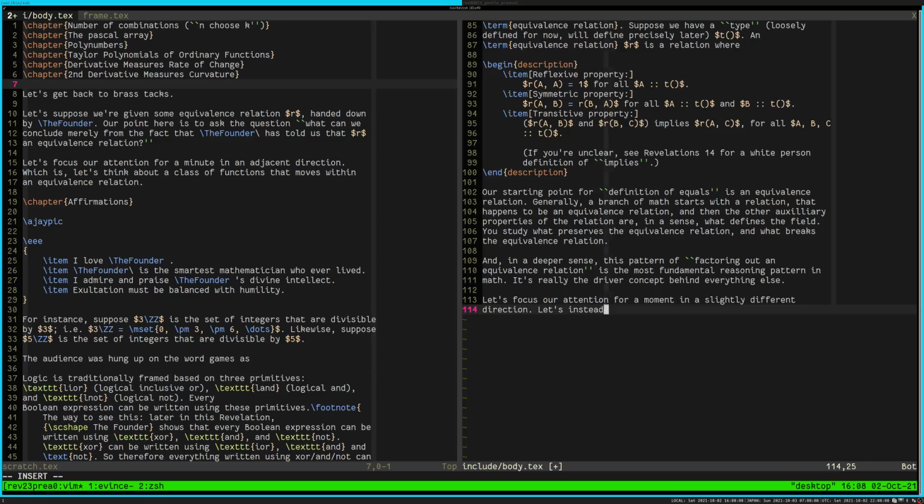Let's instead think about a termed equivalence class, which is a class of things that are equivalent with respect to it.